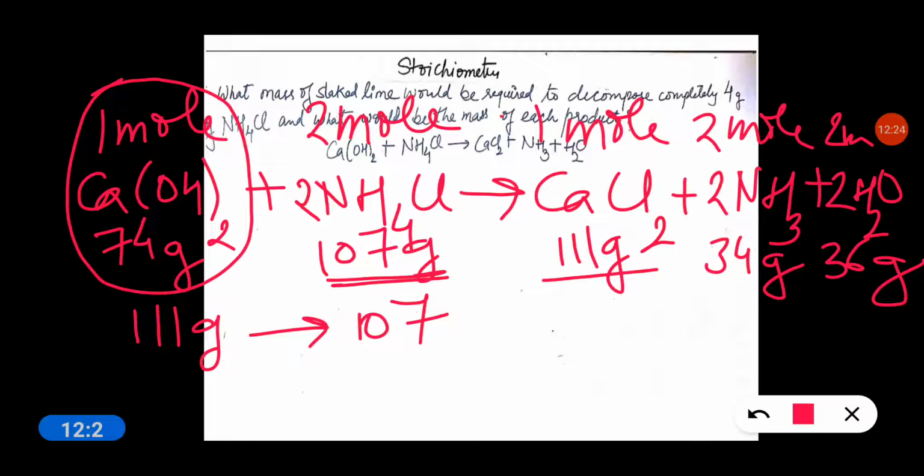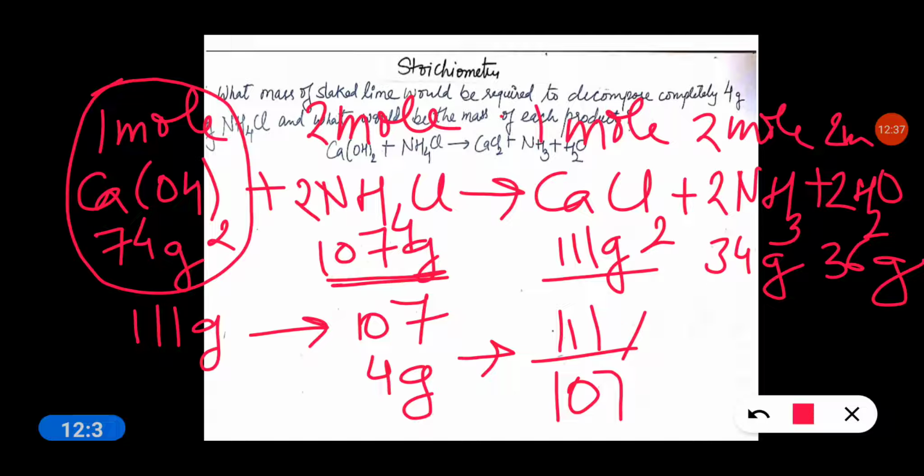So for 4 gram of NH4Cl, it will be 111 upon 107 multiplied by 4. You will get 4.15 gram.